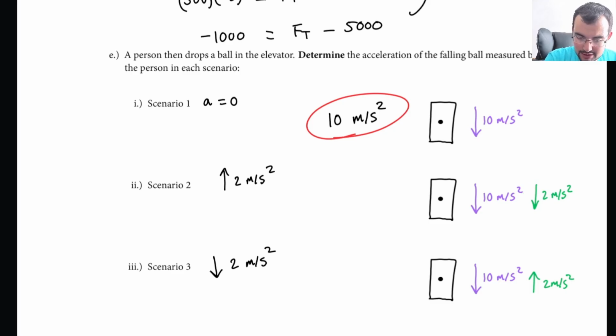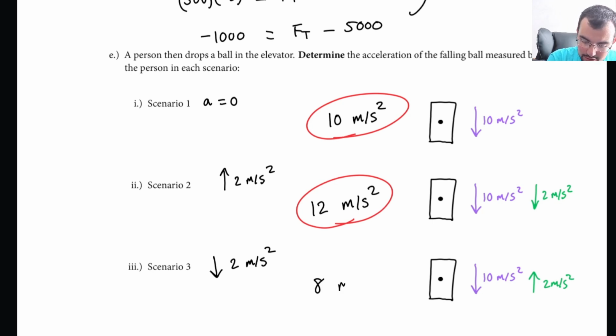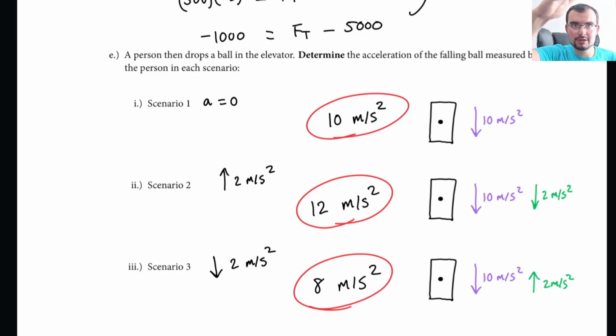So what this means is that the person dropping the ball in the elevator would experience the ball going faster than g when they drop it in scenario 2, and they would measure the ball accelerating slower than g in scenario 3. So we can conceptualize why this makes sense. In scenario one, you're just dropping a ball in a normal elevator, so you just measure g. That one's normal.